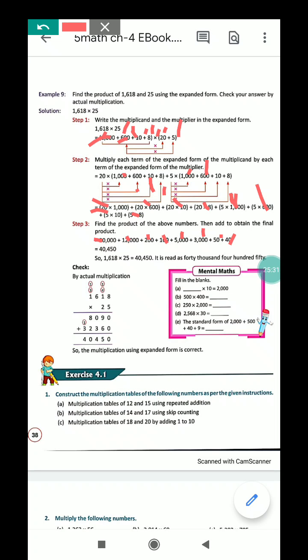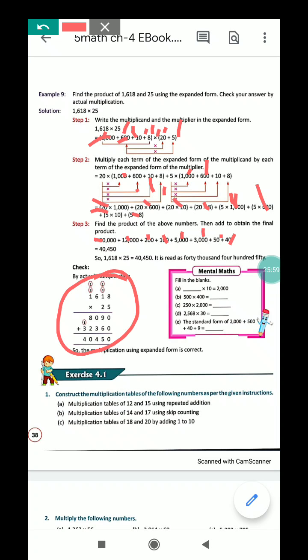So 1618 multiplied by 25 is equal to 40,450, and it is read as 40,450. Now for checking whether we have got the answer correct or wrong, we will do the actual multiplication, and after doing the actual multiplication we have got the same answer, that is 40,450.